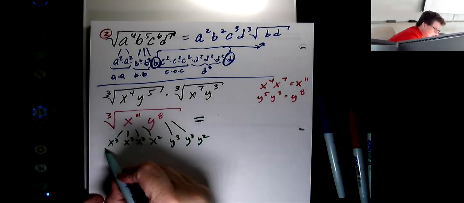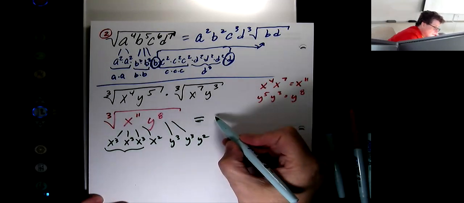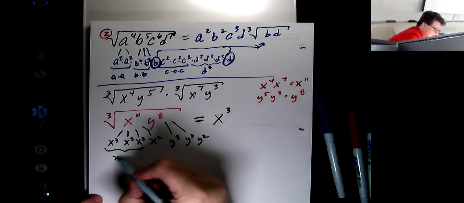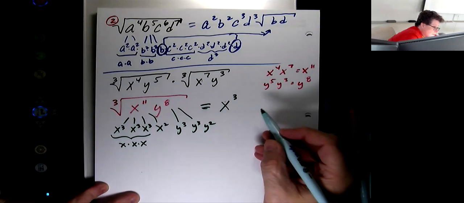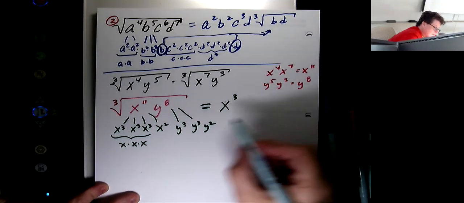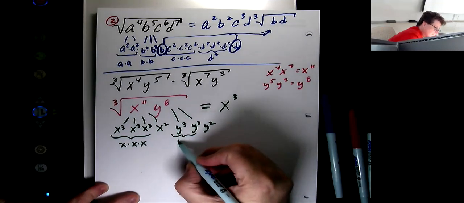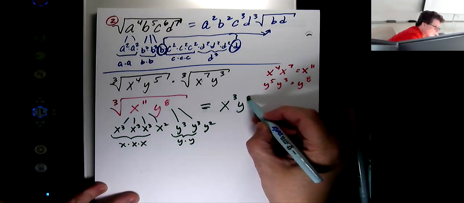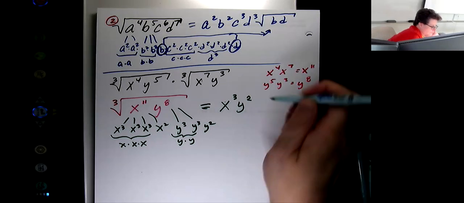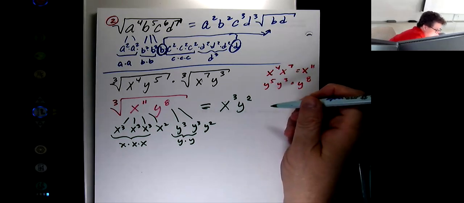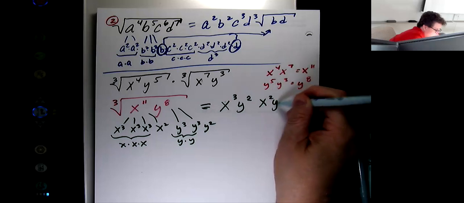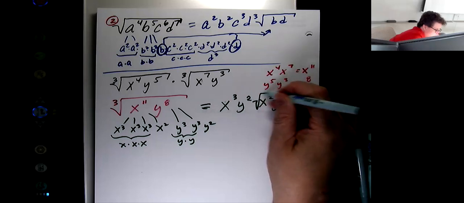Three x's out. Put together the x cubed. Okay. Y. Y squared. What do I have left? X squared, y squared. It's good, inside the root.